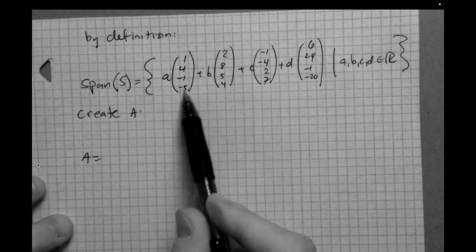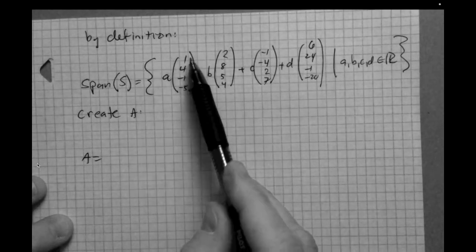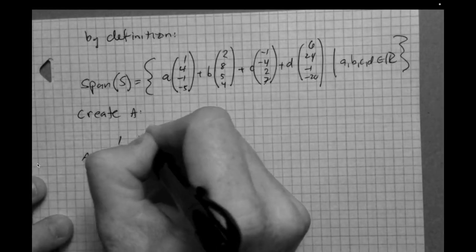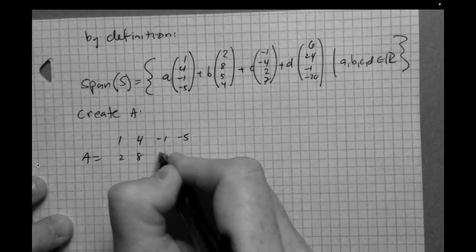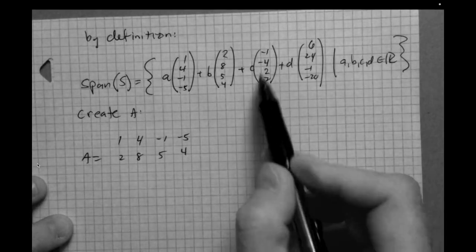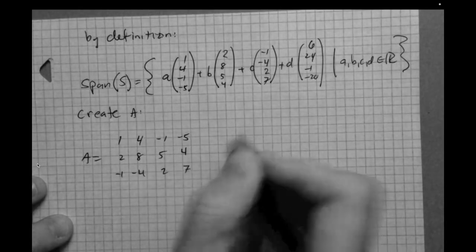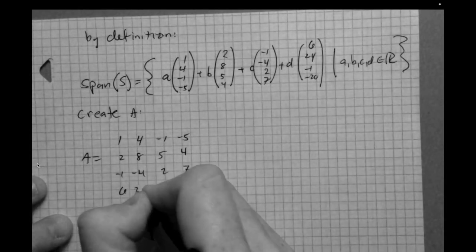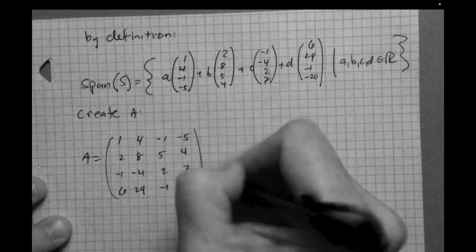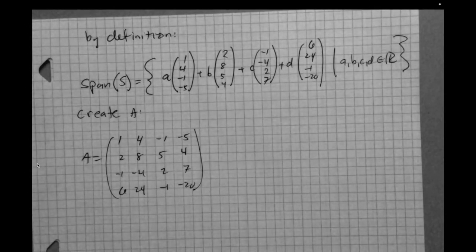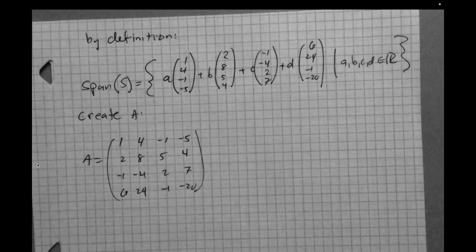Each of these vectors is plugged into a row of A: 1, 4, -1, -5; 2, 8, 5, 4; -1, -4, 2, 7; and 6, 24, -1, -20. These rows come out of the vectors of S.